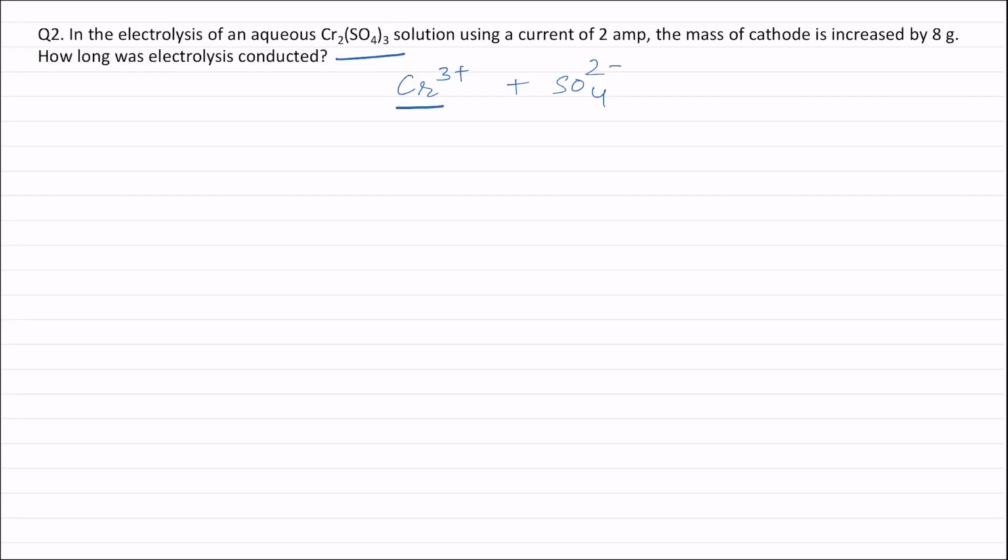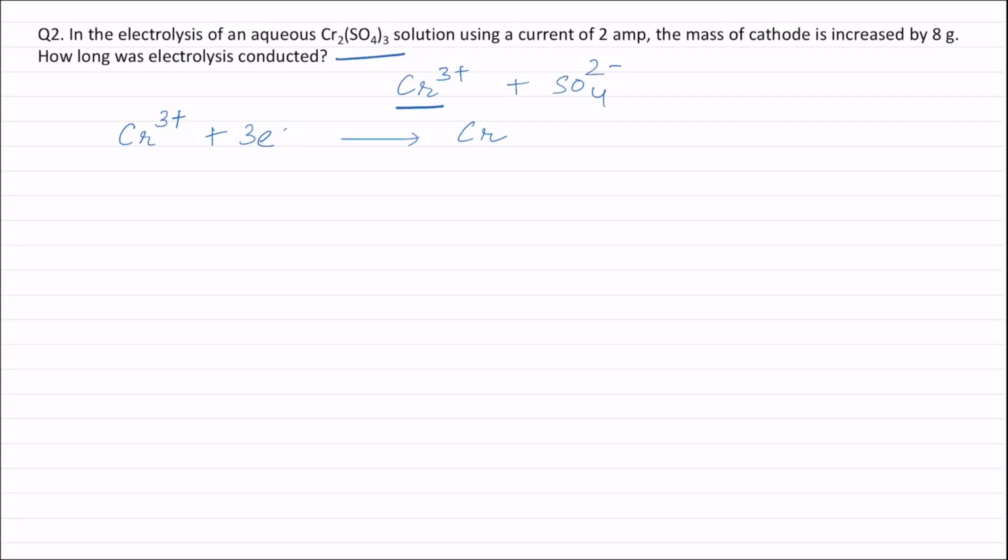Chromium ions will move to cathode and they will accept 3 electrons and will be deposited on the cathode. So we can write Cr3+ + 3 electrons forming chromium. So these chromium atoms will be deposited on the cathode, because of which there will be increase in the weight of cathode. As can be seen from this equation, the change in oxidation number of chromium is 3.